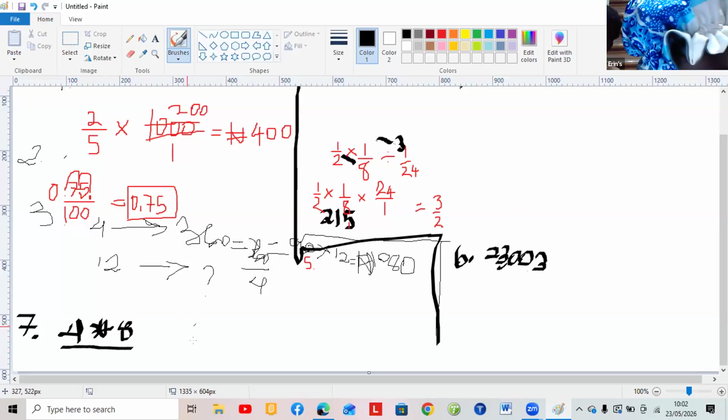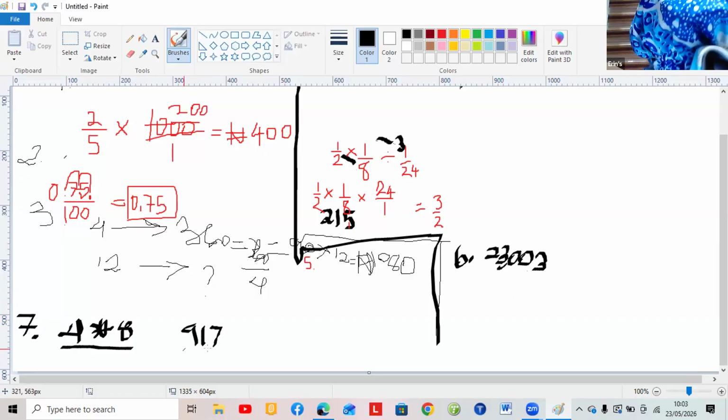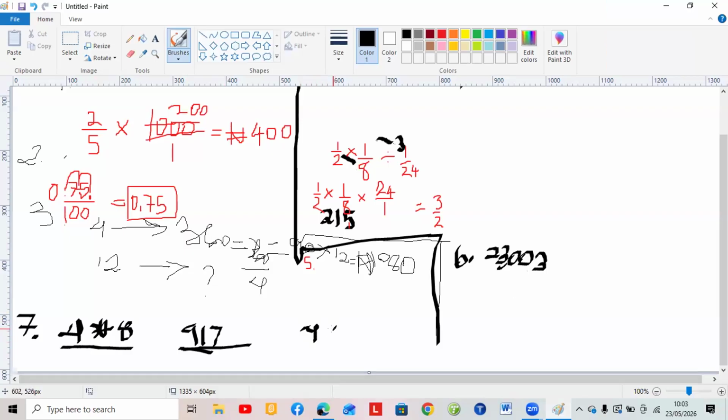And there's another number next to it. This is how it is. And they said you should find the missing number in between those 4 and 8. Like, in between 4 and 8.